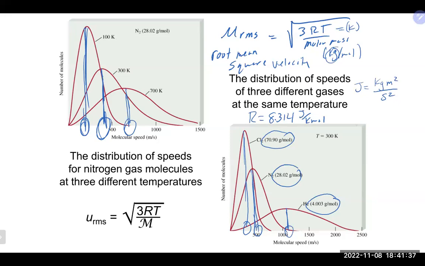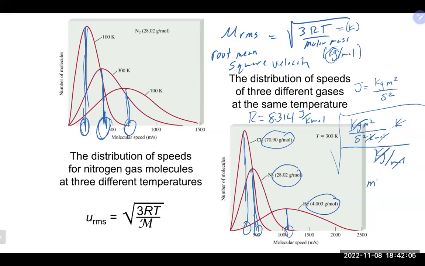If we just look at the units here, we would have kilograms, meters squared, seconds squared, Kelvin and mole. That would be our R. We would have our temperature, which is Kelvin, and we would divide it by kilograms per mole. That's all square rooted. So the Kelvin would cancel, the moles would cancel, the kilograms would cancel.